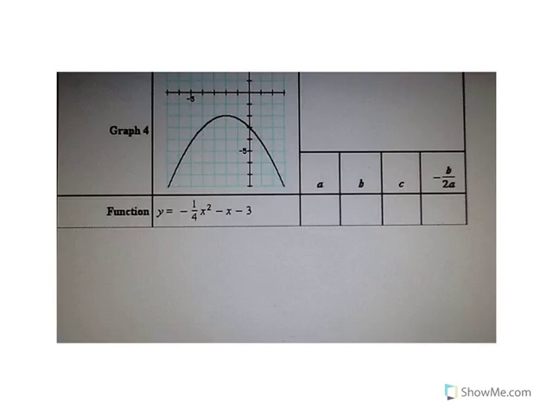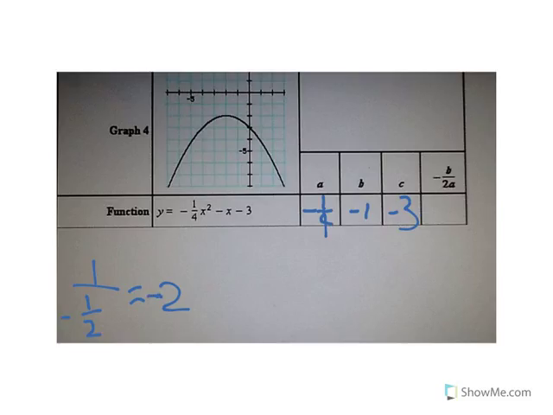So one more here. -1/4, -1, -3. So the value of this is going to be the value of -b, squared, so that's going to be 1 because negative, negative. And that's going to be 2 times that, so that's going to be 1/2. So -1 over 1/2 is going to be equal to -2.